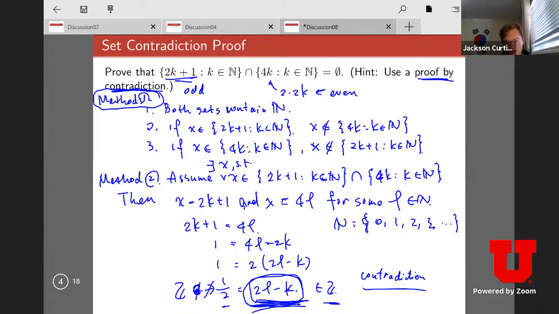I still don't understand why you can't use the fact that 2k plus 1 is the definition of odd and 4l is the definition of even. You can use that, but that wouldn't be a proof by contradiction. If you go back to method 1, that is perfectly fine, but that is not a proof by contradiction.